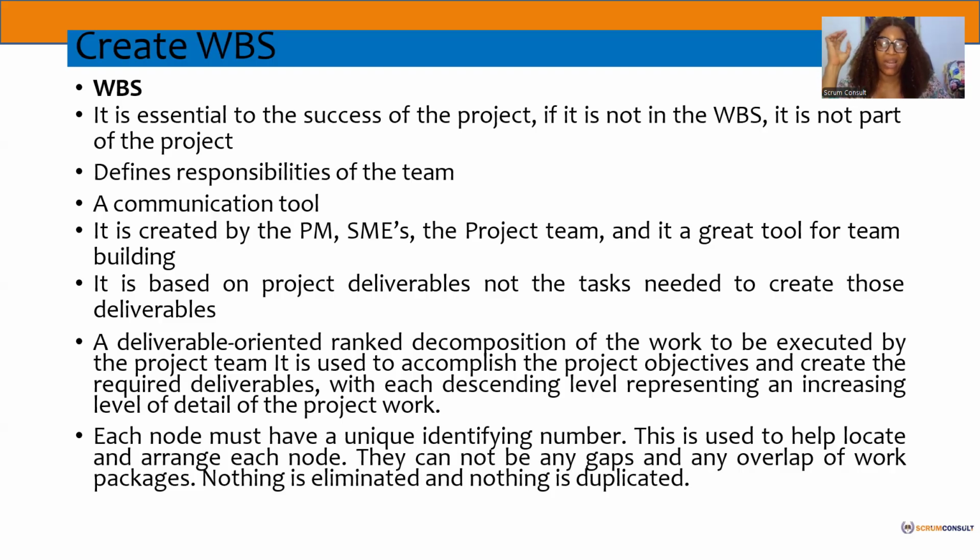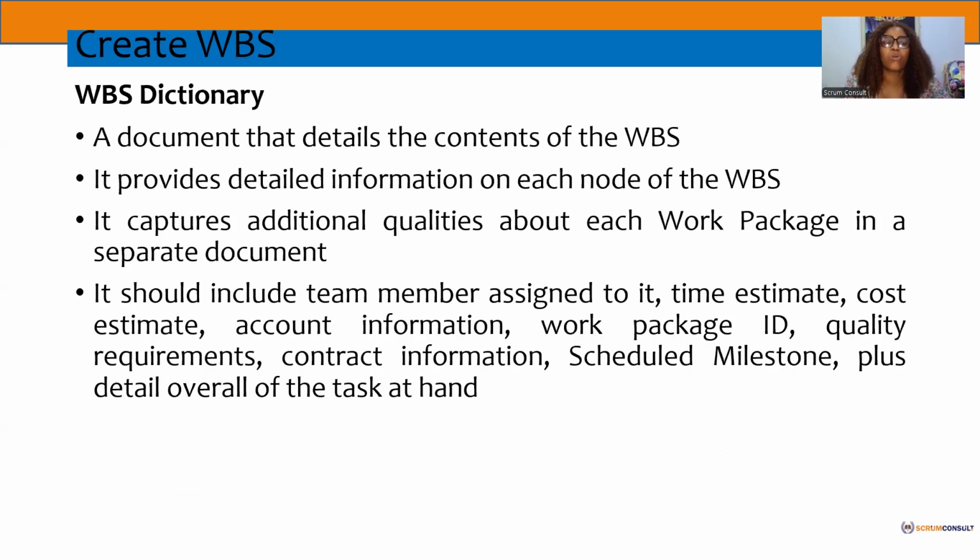Please note, whether you are putting it in a structural form like we just displayed, or as a list, that unique ID is very important so that you'll be able to trace, locate and arrange each node. There cannot be any gap or any overlap of work packages. Nothing is eliminated and nothing is duplicated. That's what it means to track each piece of work to its number.